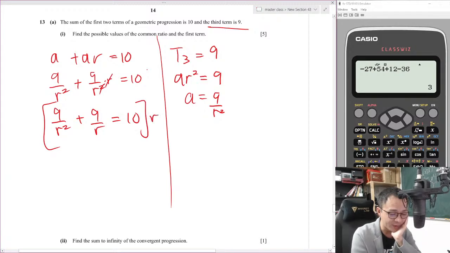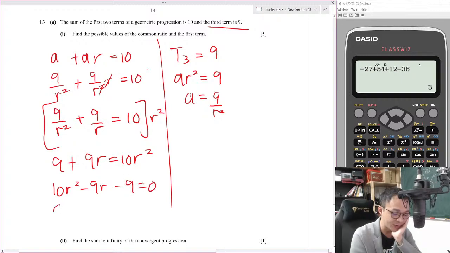Multiply R squared for the whole equation. So 9 plus 9R equals 10R squared, which is a quadratic. So 10R squared minus 9R minus 9 equals 0. So I will kind of factorize here. So I will do 5 and 2. Can I do 5 2?